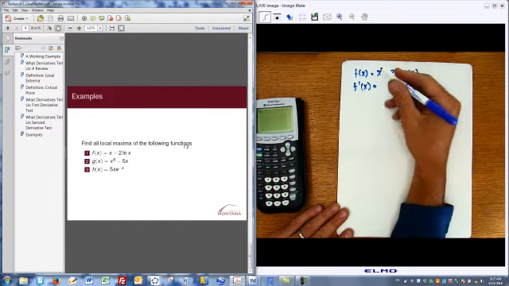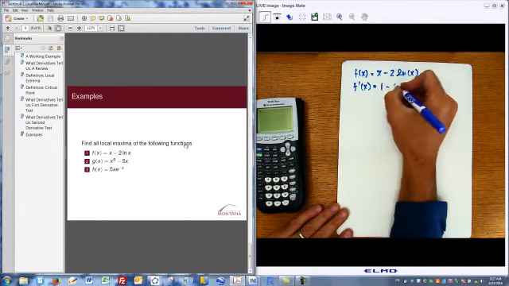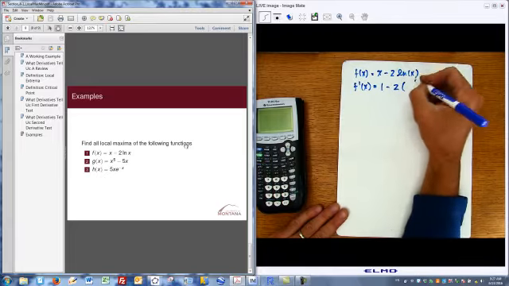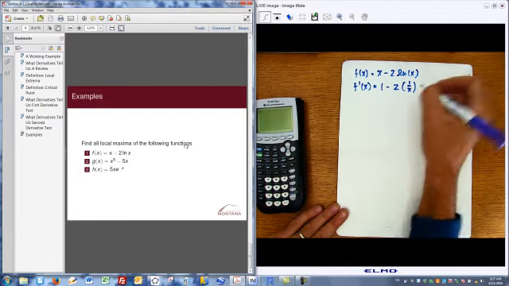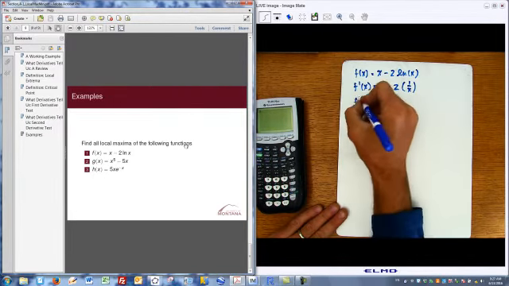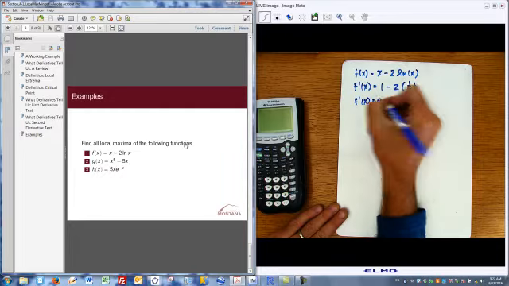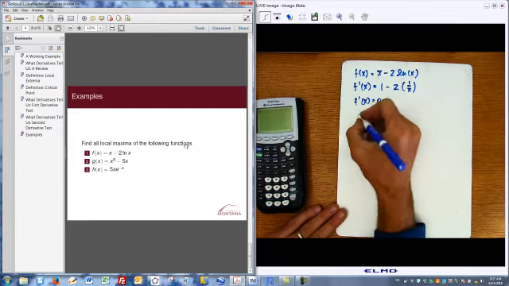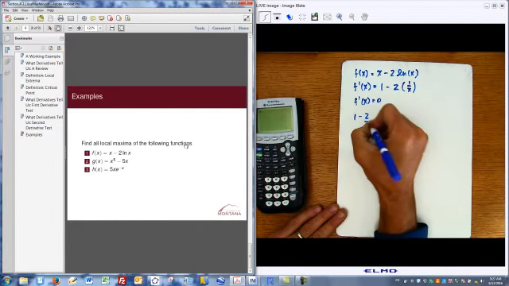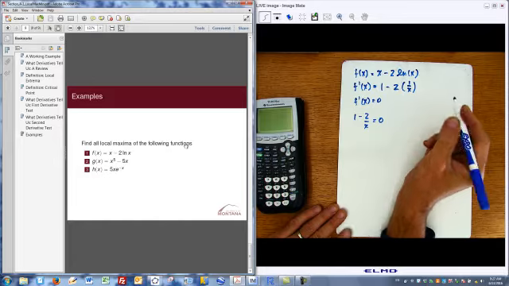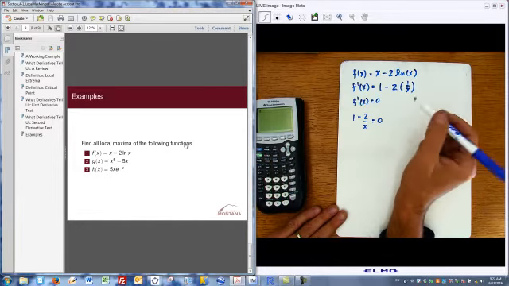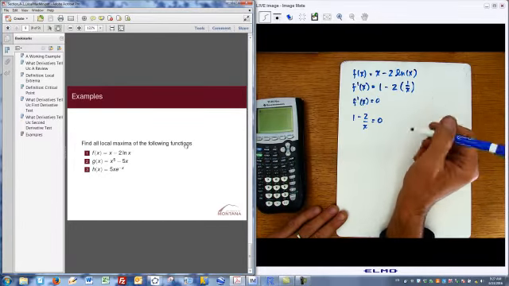The first derivative of x is just 1 minus 2 times the derivative of the natural log, which is 1 over x. So let's set the first derivative equal to 0 to find our critical points. So we would have 1 minus 2 over x equal to 0. So let's see, how are we going to do this?